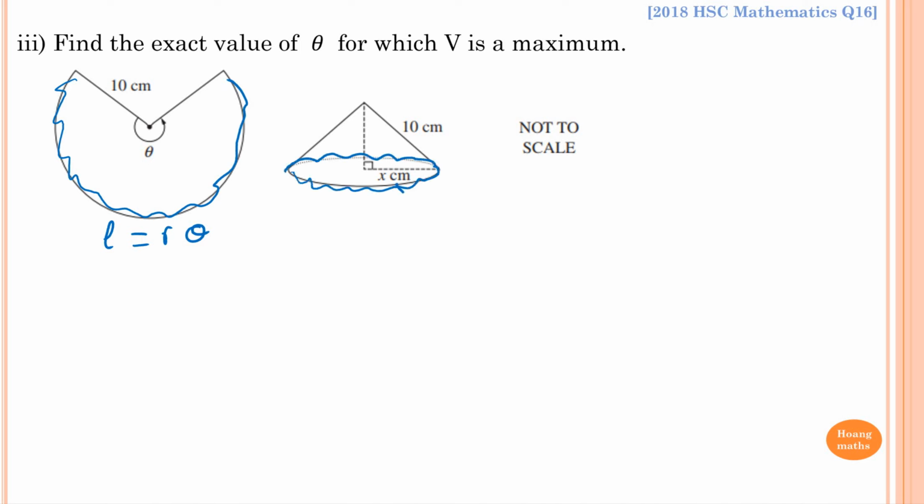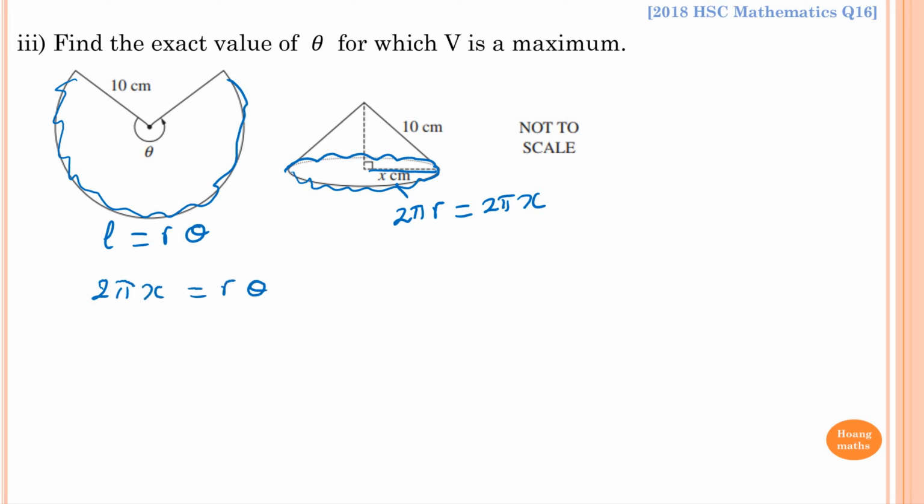So the length of this is 2 pi r, that's the circumference, which is 2 pi x because the radius is x. So now we just equate these two together, which is 2 pi x is equal to r theta.